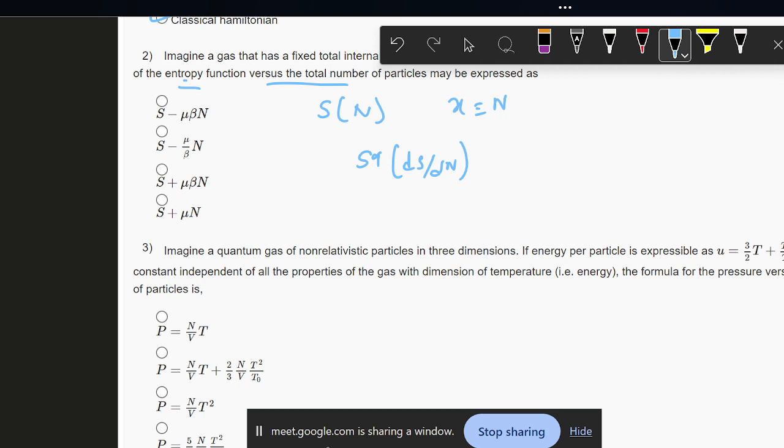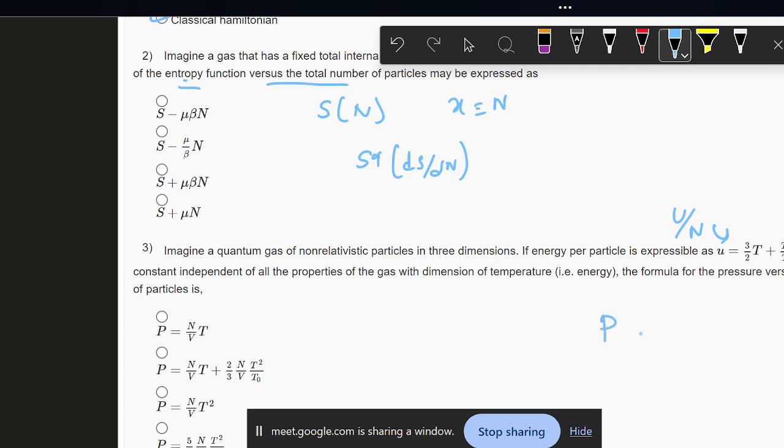Then to give you a hint on the third question, again it is not very difficult. There is an energy per particle, small u, that means capital U by capital N, given to you in terms of temperature, and you have been asked to get the formula for pressure versus temperature and density of particles.